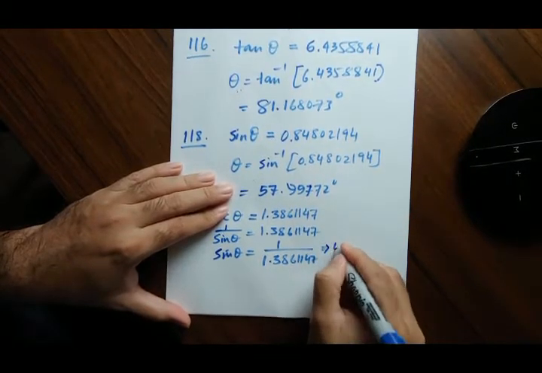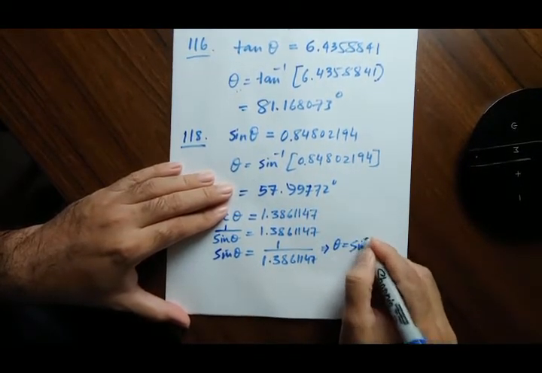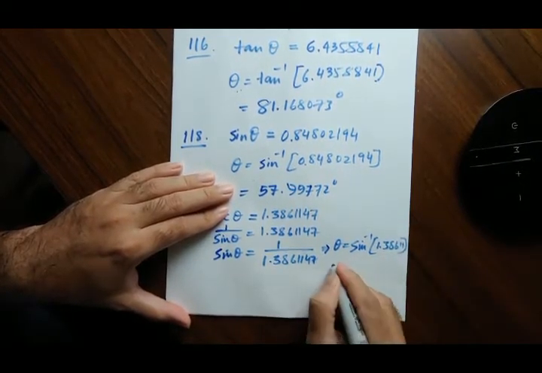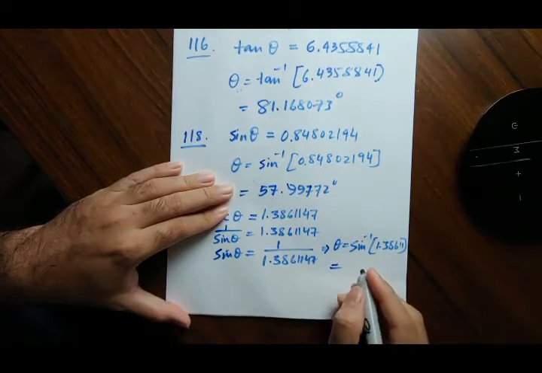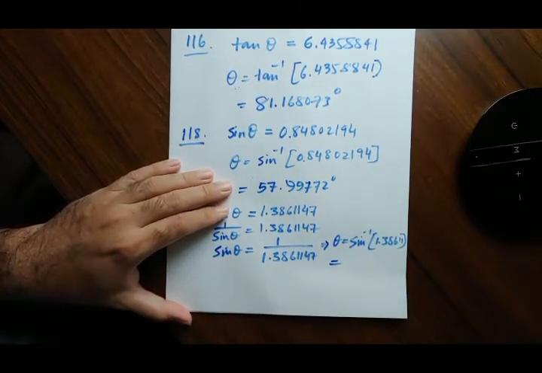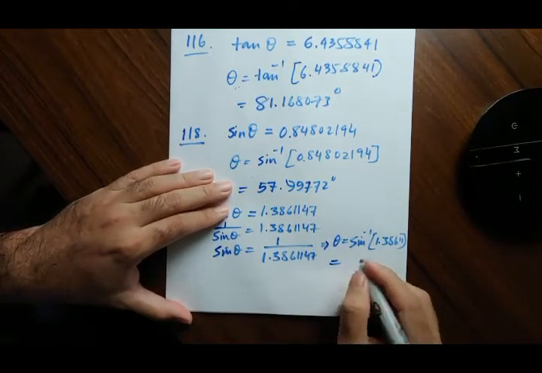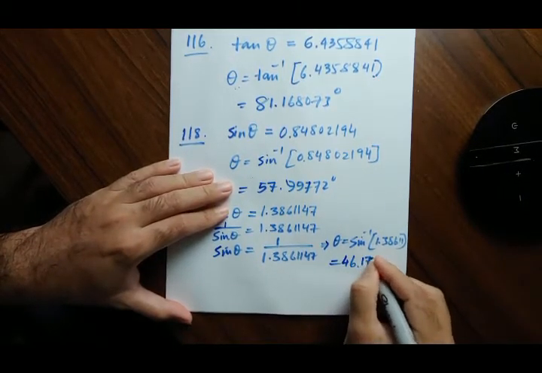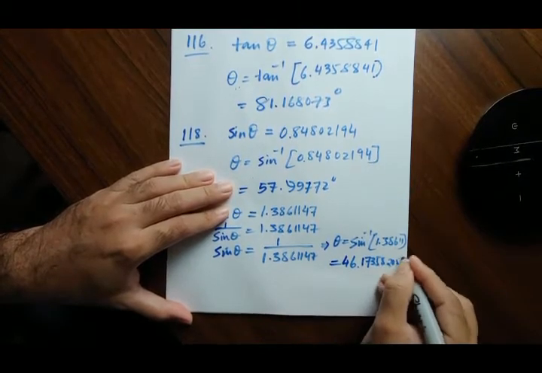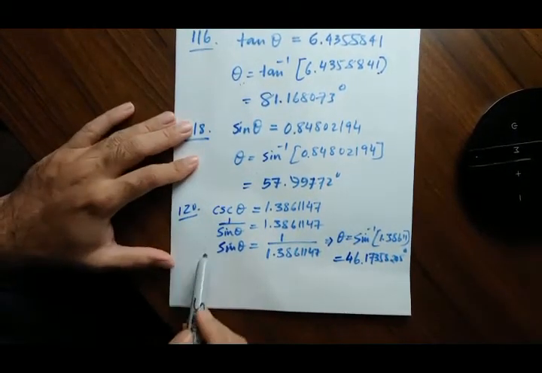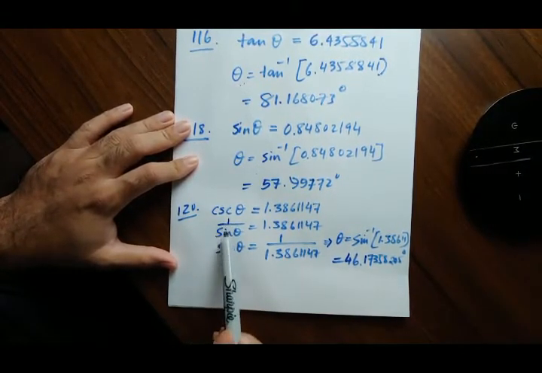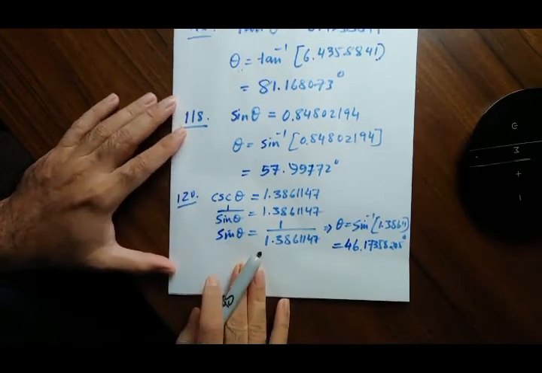So from there we can calculate theta, which is sine inverse of 1 over 1.38611. And if you do that, then you get 46.17358205 degrees. So there's one more step here. If you have something whose inverse is not given to you, you know what the known function for that is, convert it and then find the inverse.